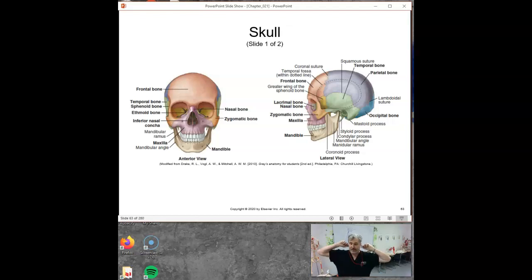For one thing, there's a bump back here called the what process? Anybody? Thank you, Mr. Marchant. I feel like you yelled it extra loud so I could hear it. Mastoid. Yes. Mastoid process.